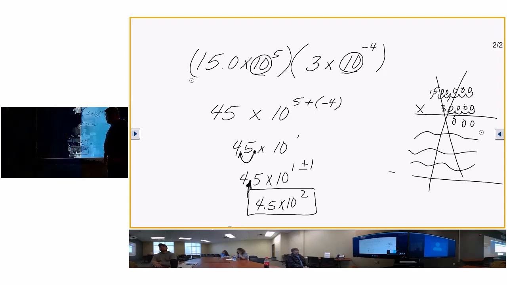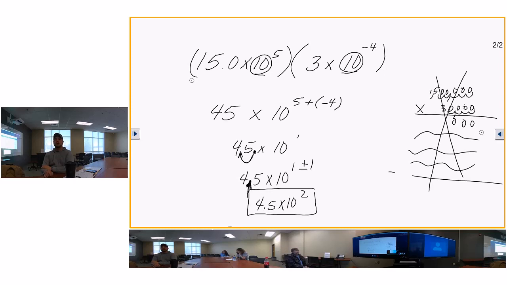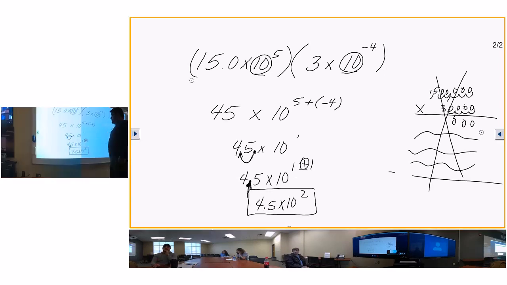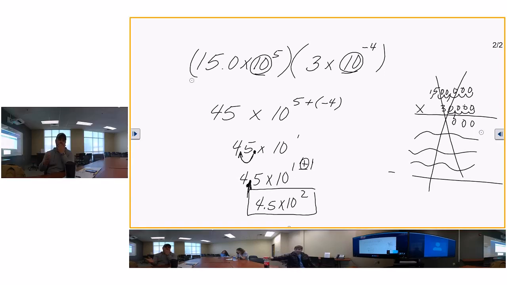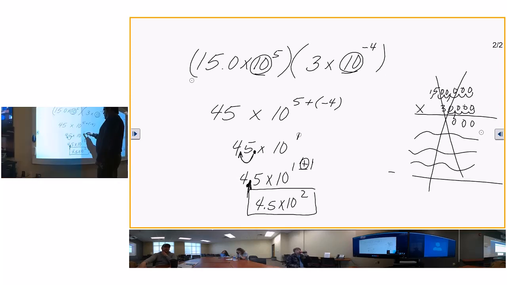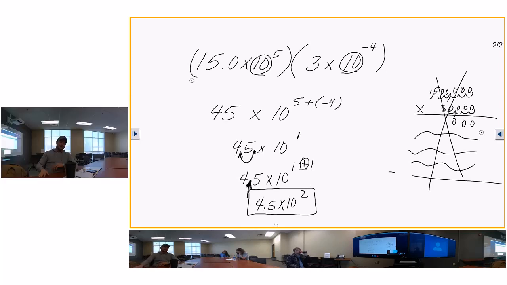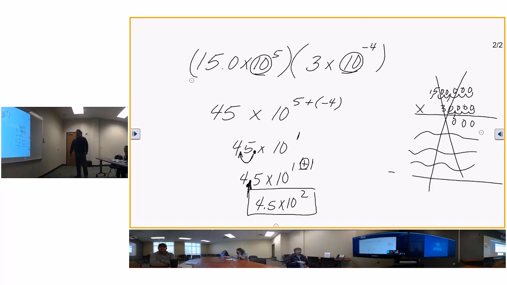To the right. So where's that other 1 coming from? What's 5 minus 4? Okay, never mind. I got it. You just missed a step. I did.